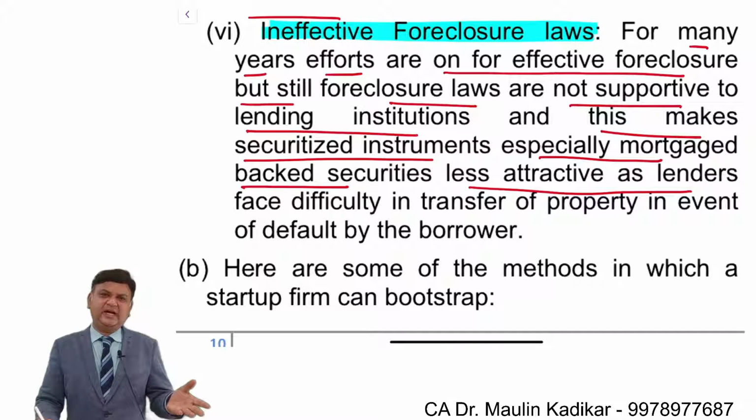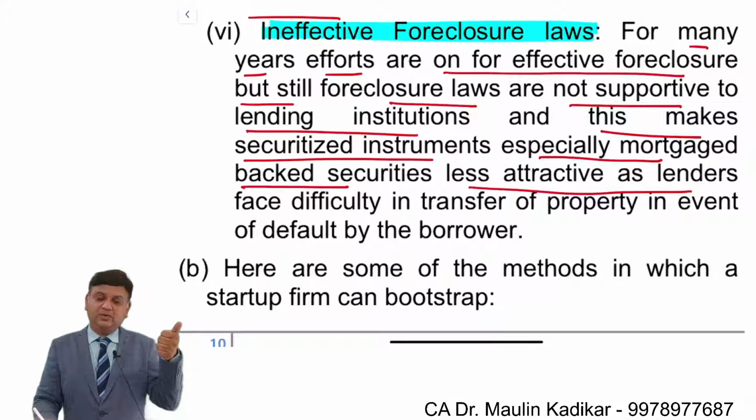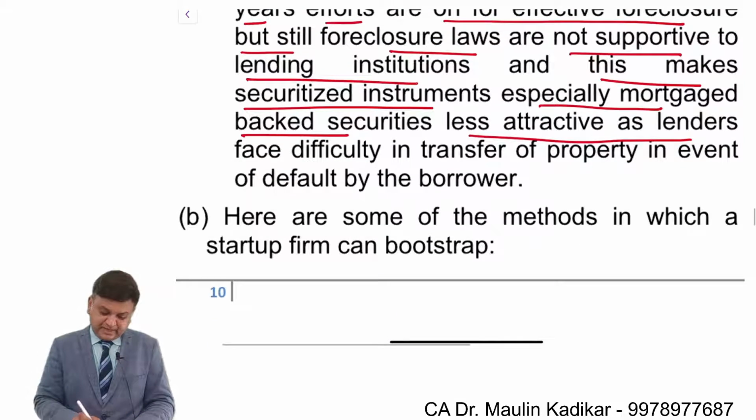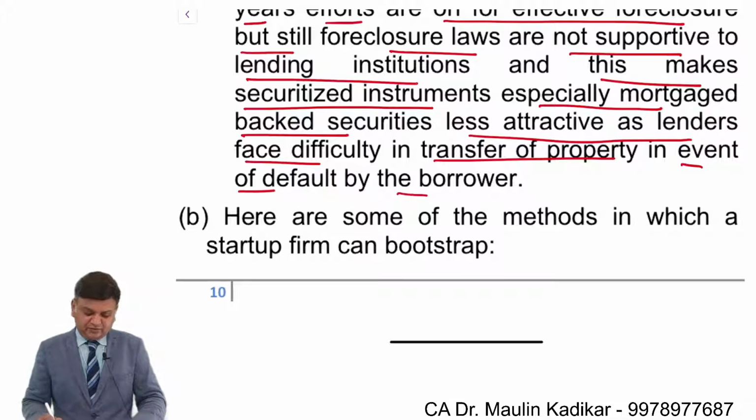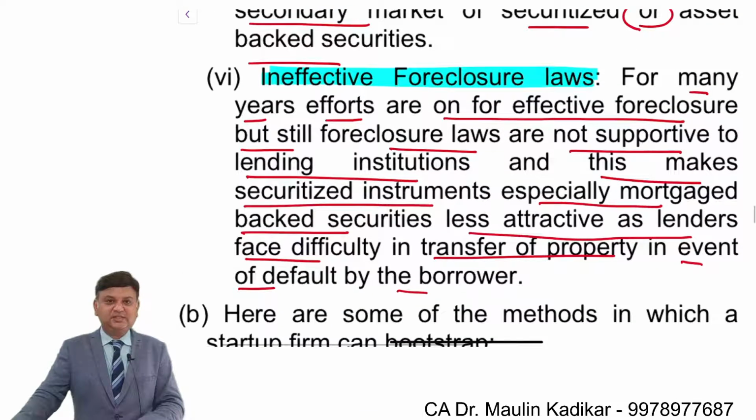So the investors do not have that encouragement, because they know that if the borrower is not making repayment, then strict legal proceedings will not be initiated against him, as lenders face difficulty in transfer of the property in the event of default by the borrower. This is what we understand.